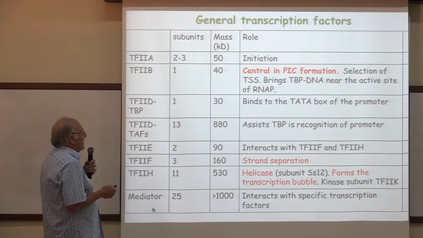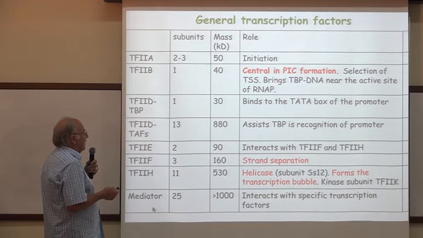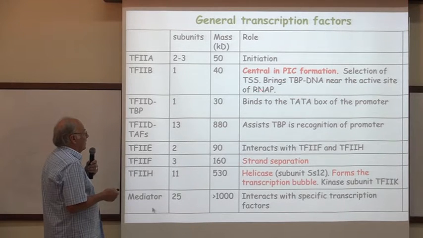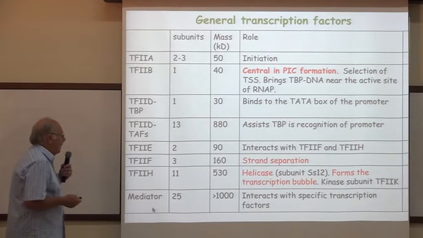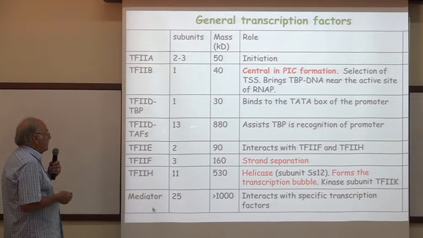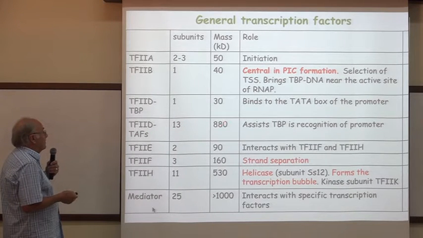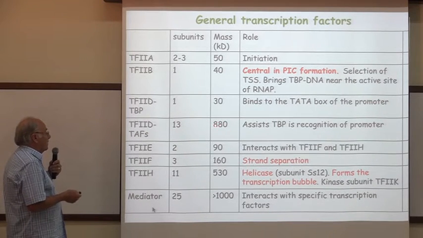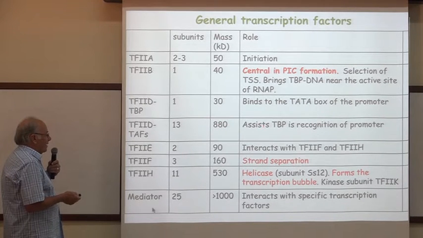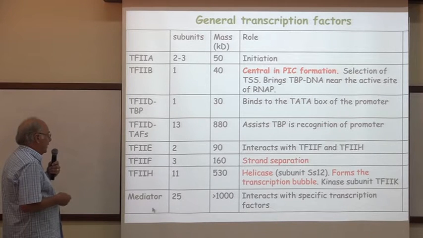Selects the TSS, the transcription start site, and brings the TATA box DNA near the active site of the RNA polymerase. Then we have the so-called TAFs, and there are 13 of them, and the total mass of them is 880 kilodaltons, and it assists TATA box binding protein in recognition of promoters.